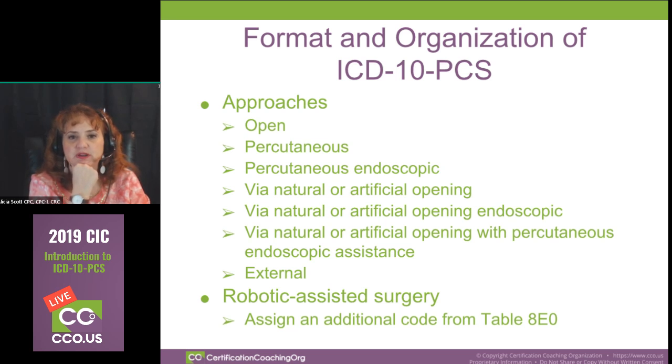I think of if we need to scope somebody and they have a stoma, we may go in through the stoma to look, right? Especially if it's right there that we need to visualize. And that would be via natural or artificial opening endoscopic.